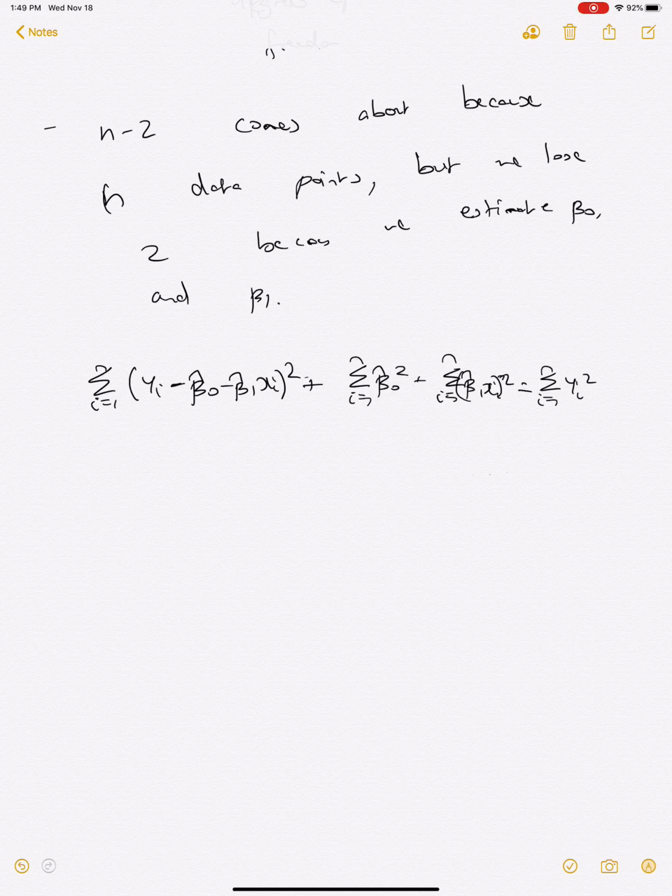And so you get n degrees of freedom here, 1 here, and 1 here, and then this gives you n minus 2.